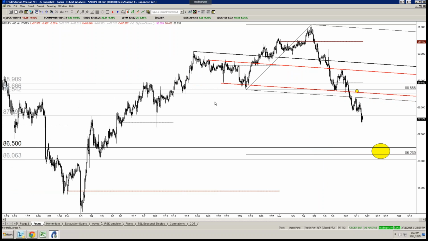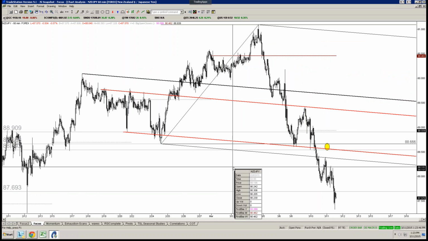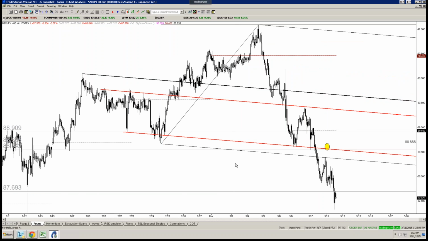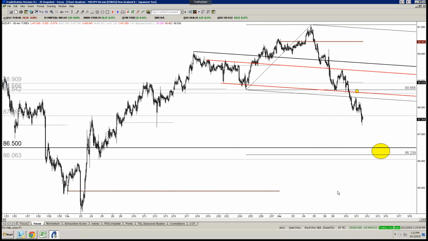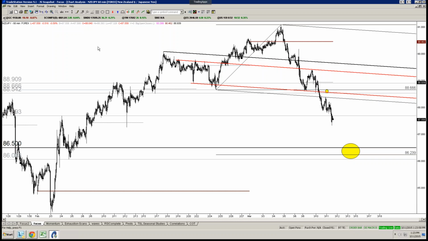The goal on the trade last night and the order was to get triggered before RBNZ so that you had something on the table in order to ride it lower if that's what it was going to do. It just didn't get triggered. So, while I'm still bearish Kiwi yen and bearish yen crosses in particular, except for really dollar yen, because I guess I'd say I'm bearish dollar yen, but I don't have a short setup in dollar yen. It's still hovering above support.